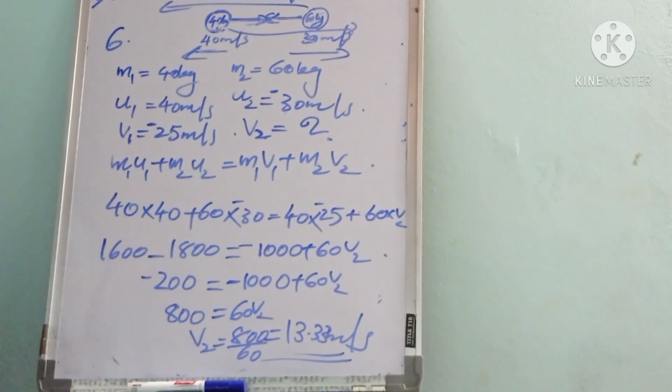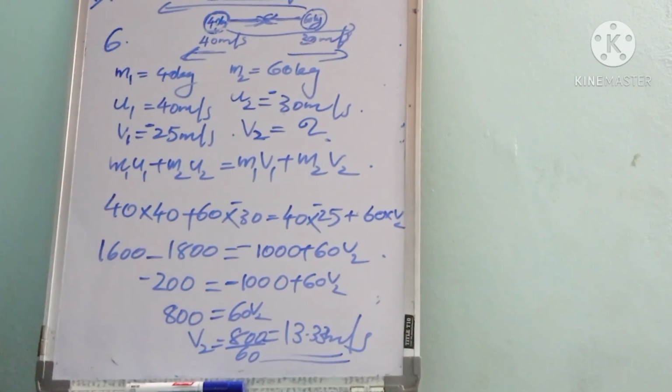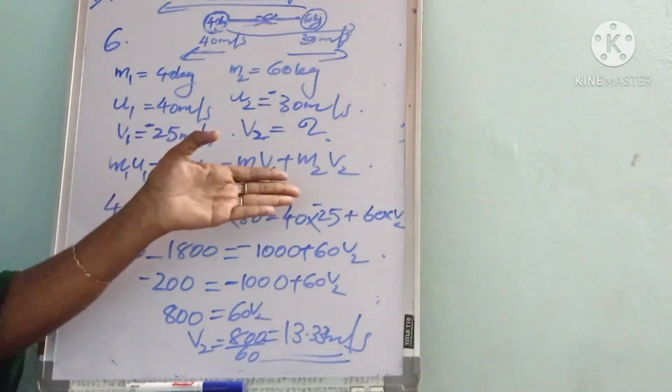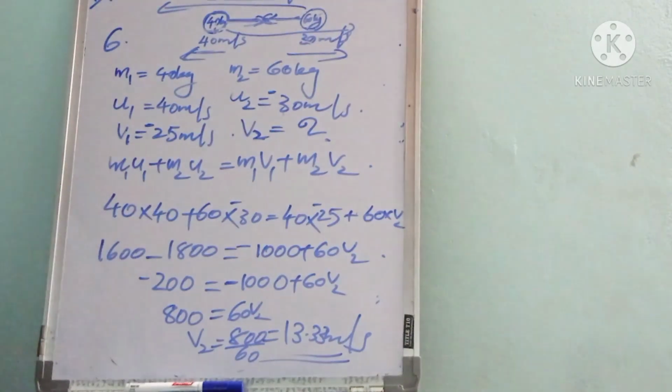Then how can we find it? By applying the law of conservation of momentum. That is, the total momentum of the two bodies before collision is equal to the total momentum after collision. Mathematically, m1u1 plus m2u2 is equal to m1v1 plus m2v2.